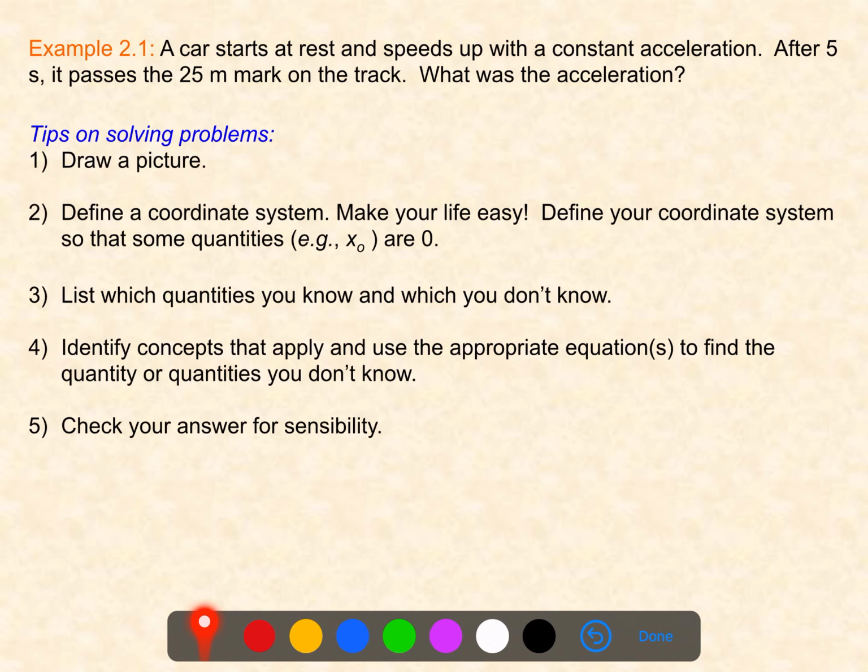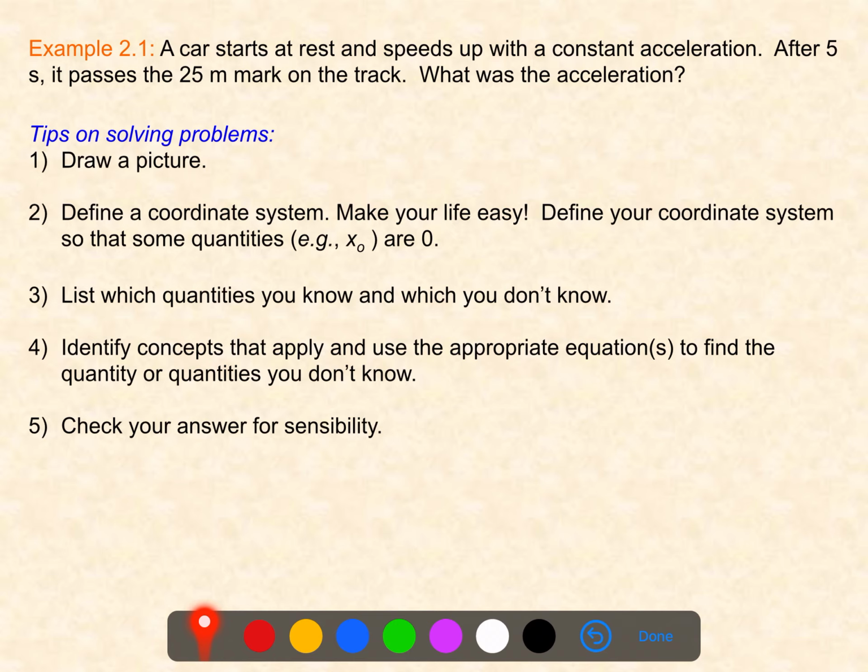You might want to define your coordinate system in such a way that you put x equal to 0 where it's convenient, or you put the positive direction as it's convenient, and we'll see how those different choices play out as we go through some more examples.